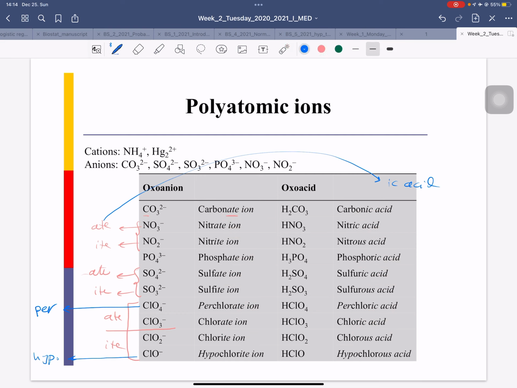But -ite changes to -ous acid. For example, nitrite, nitrous acid; sulfite, sulfurous acid; chlorite, chlorous acid; hypochlorite, hypochlorous acid.